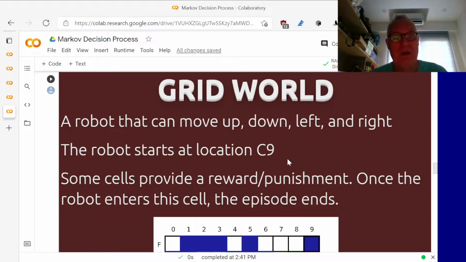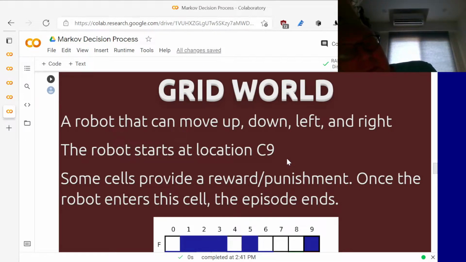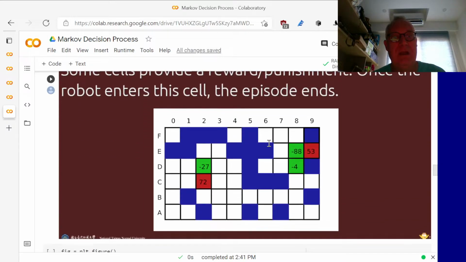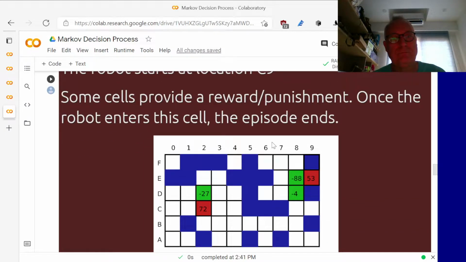Right. So let's have a look at the grid world. The grid world is a very simple world for our robot. It is a simulation of a small robot that can move up, down, left, and right. So it can only go in those 4 directions.